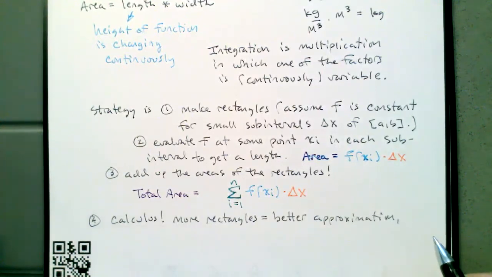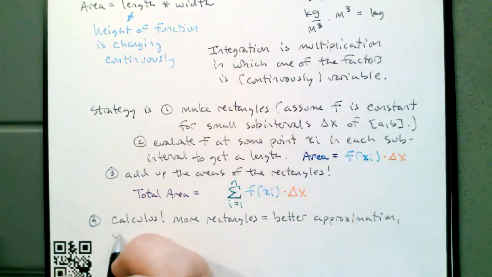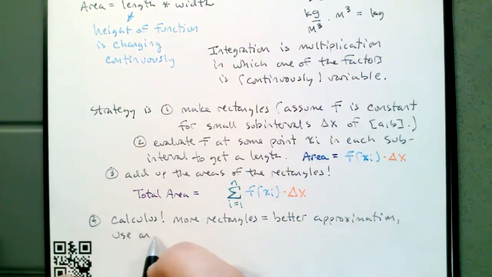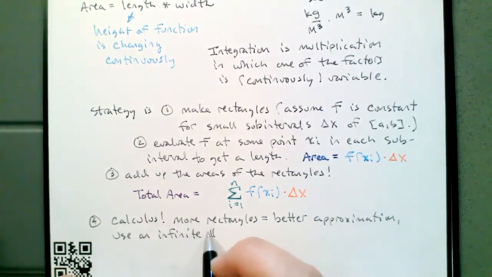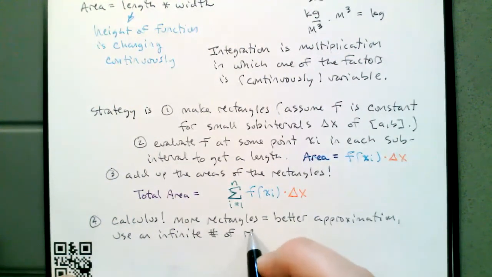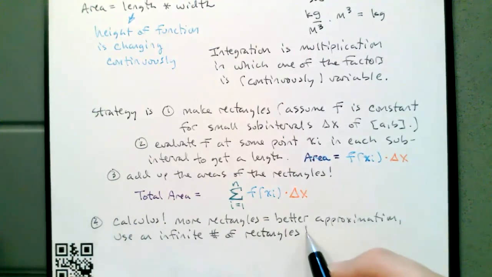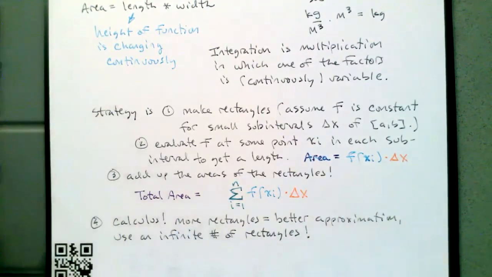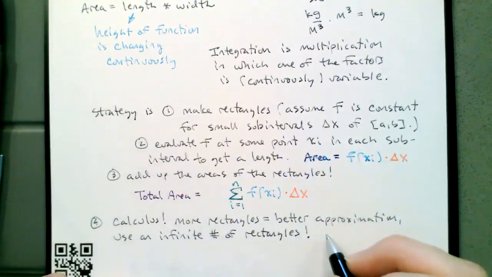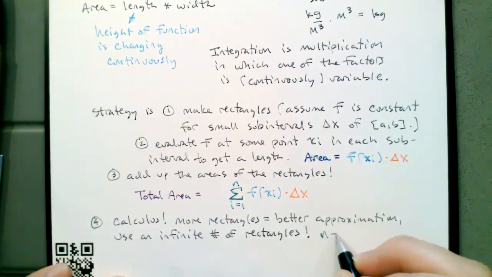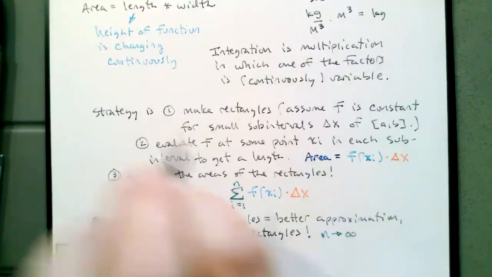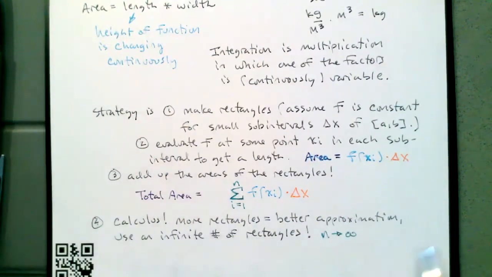Since more rectangles means a better approximation, use an infinite number of rectangles. So what we want is n to go to infinity and delta x to approach 0.